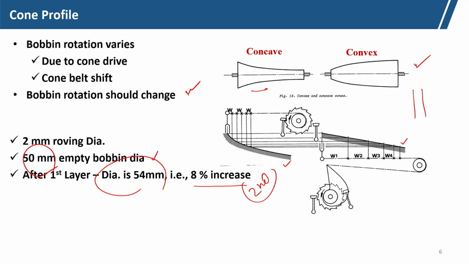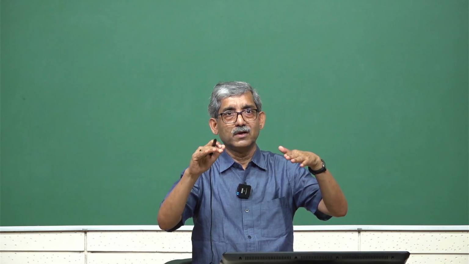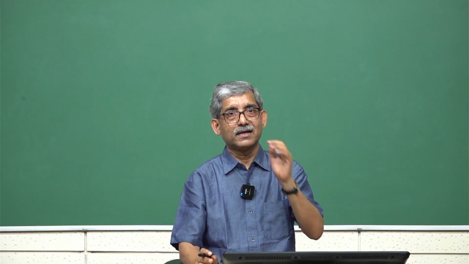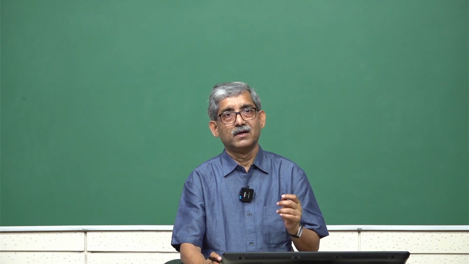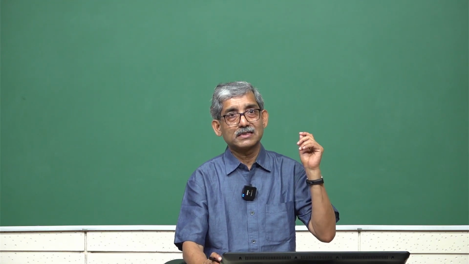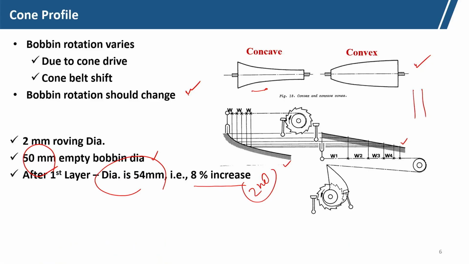Accordingly, the bobbin speed has to reduce by that proportion. And from the second layer to the third layer, the diameter becomes 58 millimeter. That means there will be a 7.4% increase in the diameter.